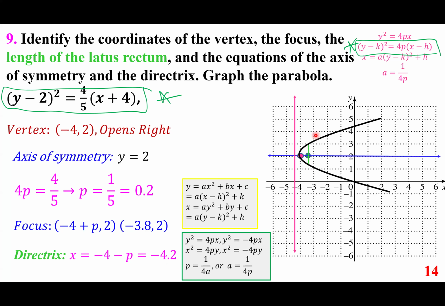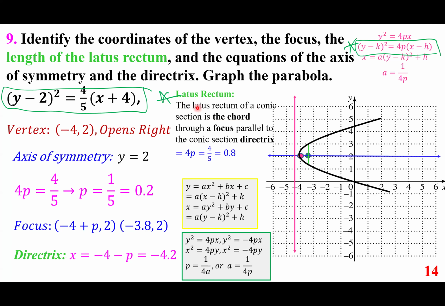Draw a parallel line to the directrix, and it crosses at these 2 points. Latus rectum, the latus rectum of a conic is this chord, and it's 4p. You remember that? And 4p was 4/5, or 0.8.